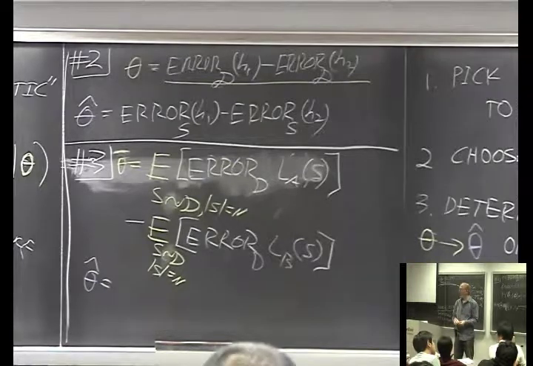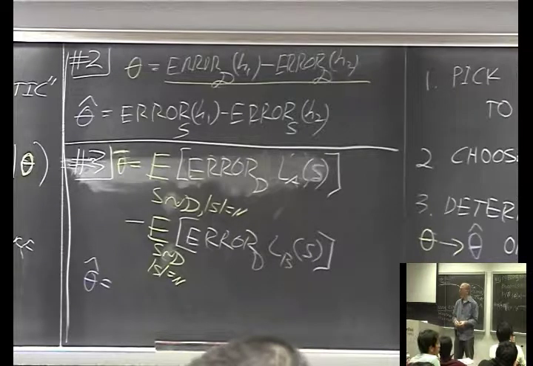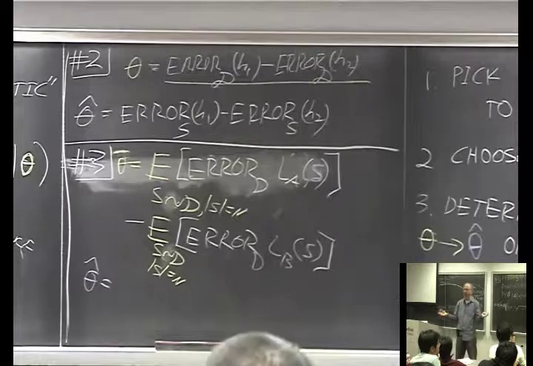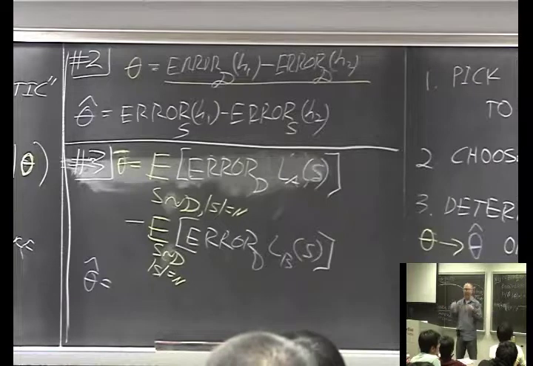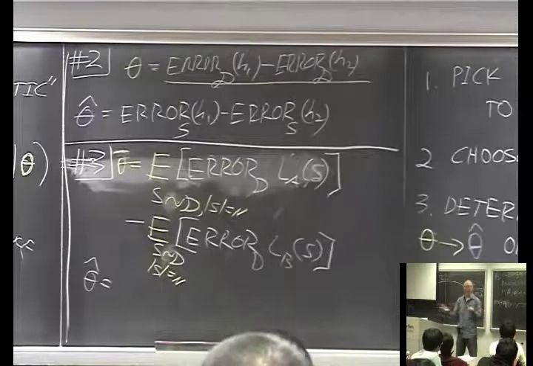The error over the test set of the result of the first algorithm over a training set, minus the error over the same test set of the result of the second algorithm over the same training set. Okay, so it's effectively taking whatever data you have, dividing it into training and test, training both algorithms on the training part, testing them both on the test part, and subtracting one from the other. That would be one statistic.